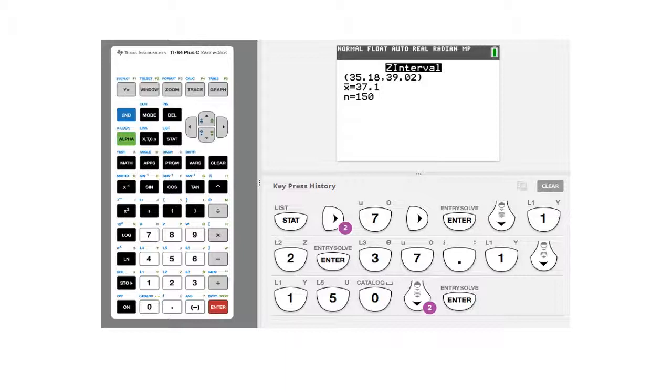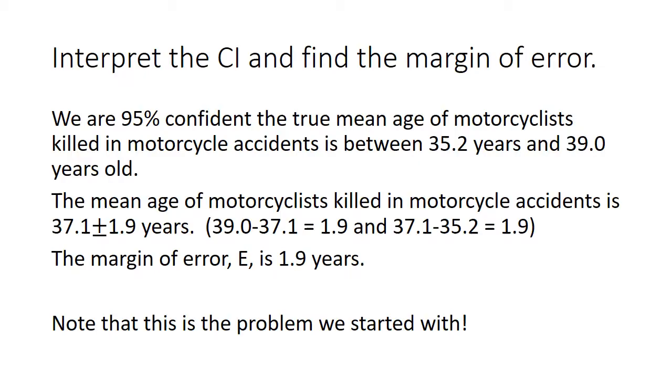So here it is telling you it's a z-interval. You assumed you knew the population standard deviation, and that set of parentheses is our confidence interval. Our confidence interval is 35.18 to 39.02.